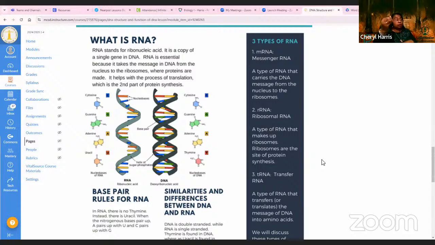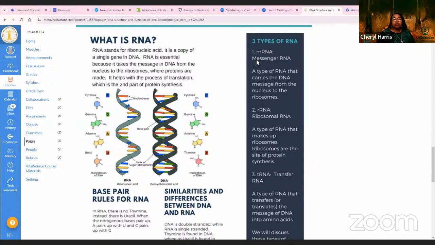Okay, so it has the blueprints, it has the instructions on what to do, except it stays in its office. Think of the nucleus as the main office. And it has a little foreman come in. He gets all the information from the office and he takes it down to the workers who are actually going to make the proteins. Okay, so that's how you have to think of RNA and DNA.